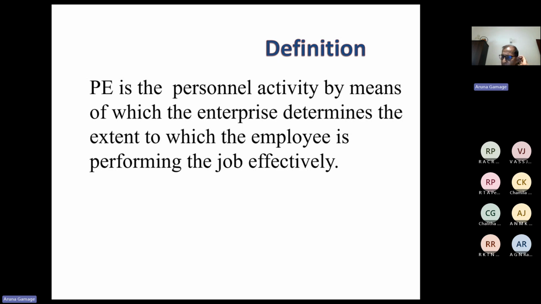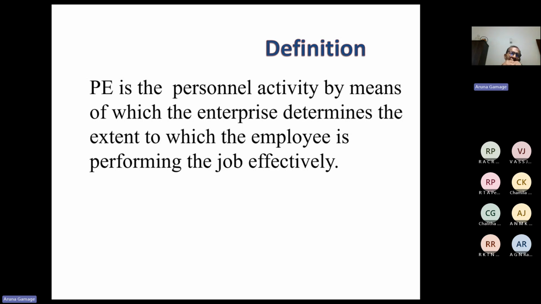There is one more broad term called performance management. Performance management is somewhat different from performance evaluation. Performance evaluation is just one activity coming under performance management. Some use these two terms interchangeably, but there is a slight difference.